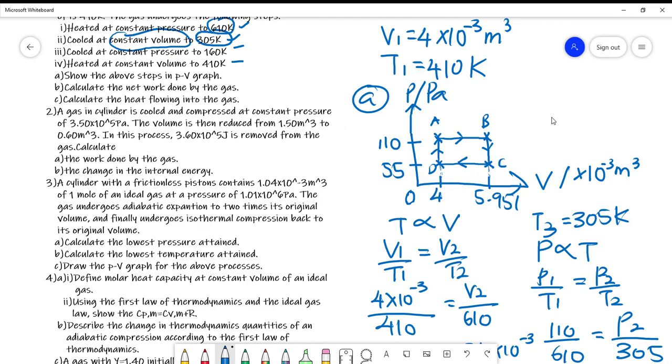So our net work done is actually this one. What I can do is use this big area subtracted with the small area.